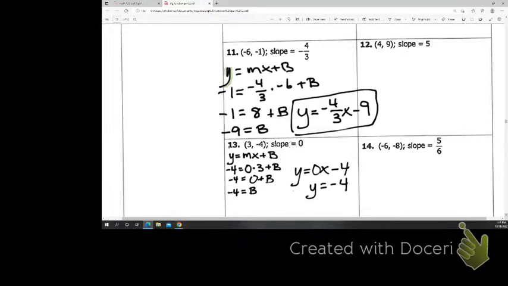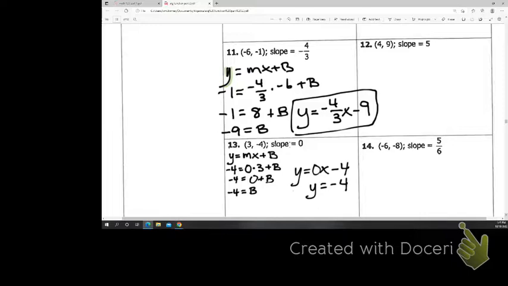Now, is there any way that maybe I could have come up with that sooner or more quickly? Because the y in the point is negative 4, right? And then the slope is 0. So if the slope is 0, we know it's a horizontal line. And horizontal lines only have y equals some number.